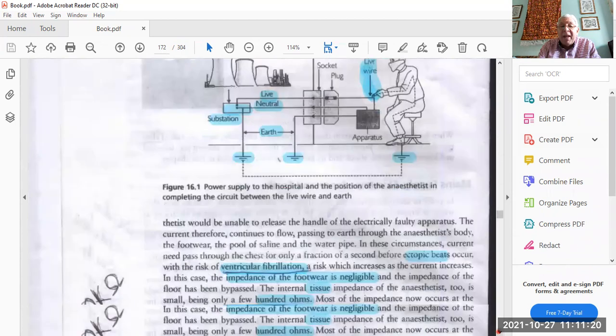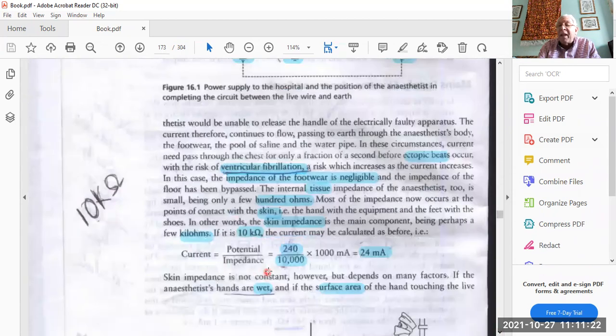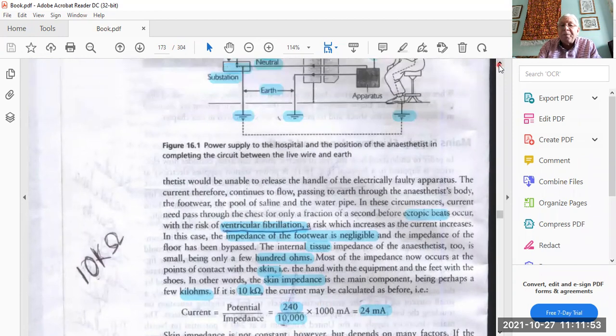We will see now if the impedance is lower, as we said, if there is a defect in the footwear, or there is saline on the floor, or the protection of the floor is not accomplished. So we will divide the 240 over only 10. The 10 we multiply by 1,000 to get ohms, and then finally we will get 24 milliampere. This is capable of causing spasm, and it will cause ventricular fibrillation.